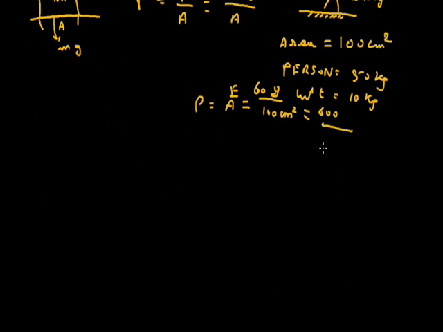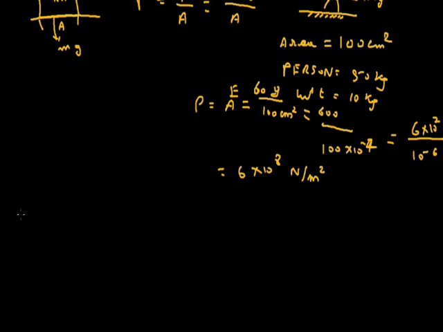So 600 divided by 100 into 10 to the power minus 2. This value you can find out. 10 to the power minus 6 into 10 to the power 6 is equal to 6 into 10 to the power 8 Newton per meter square. This is the value of the pressure.